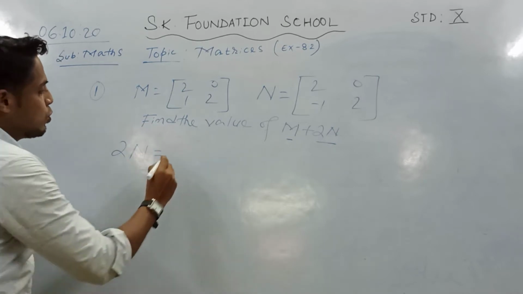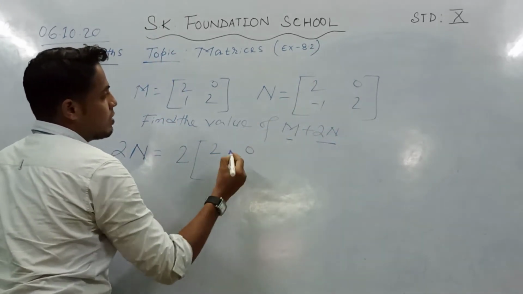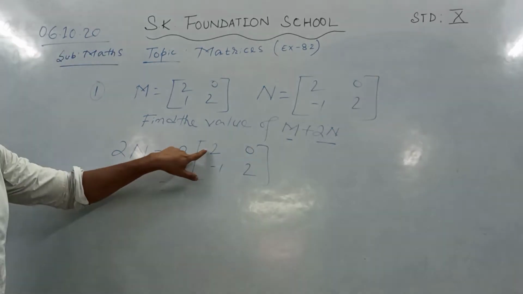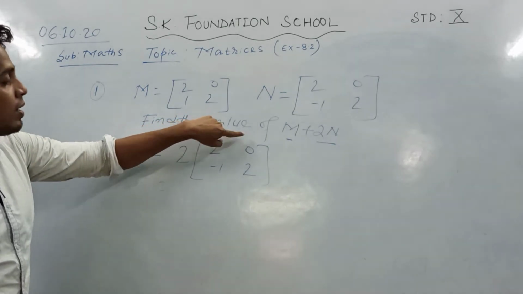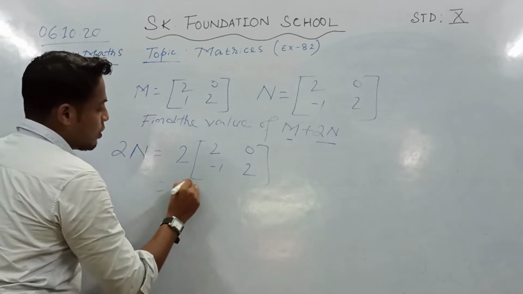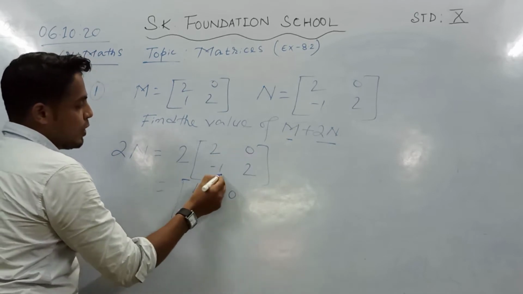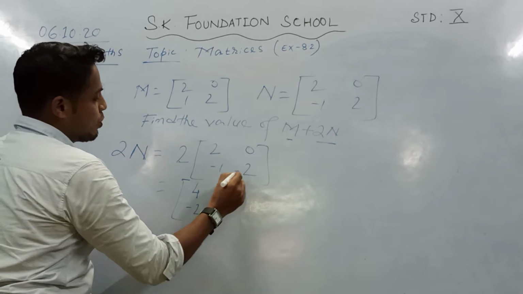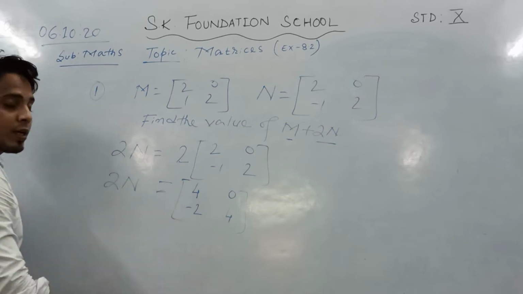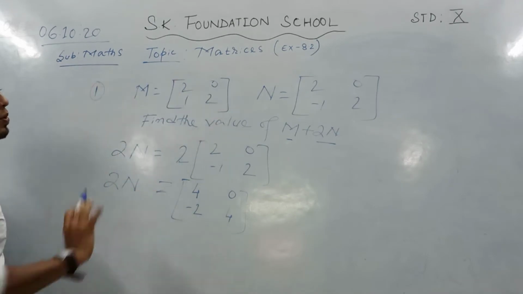That means 2 multiplied with each number: 2 into 2 is 4, 2 into 0 is 0, 2 into minus 1 is minus 2, and 2 into 2 is 4. This is the value of 2N.